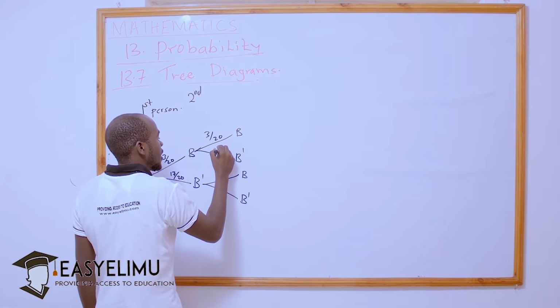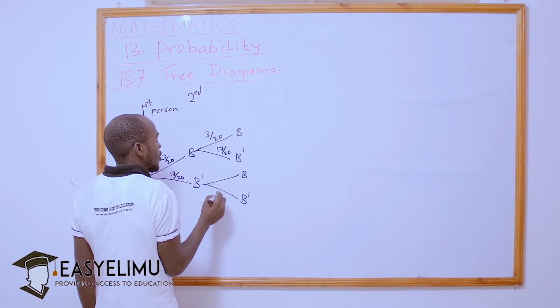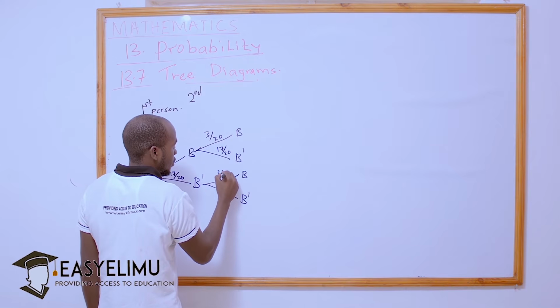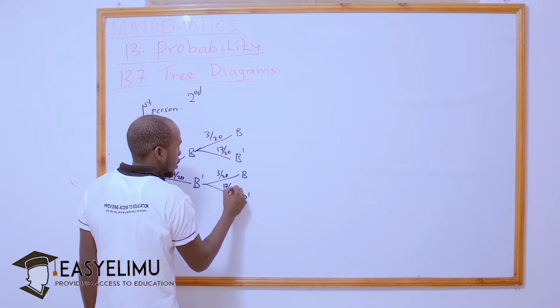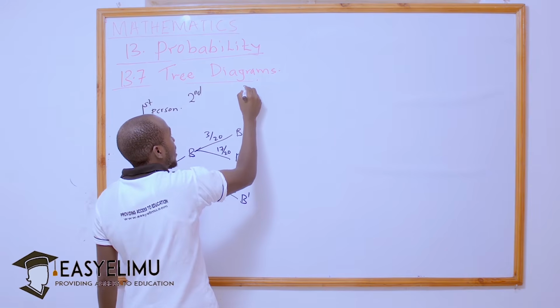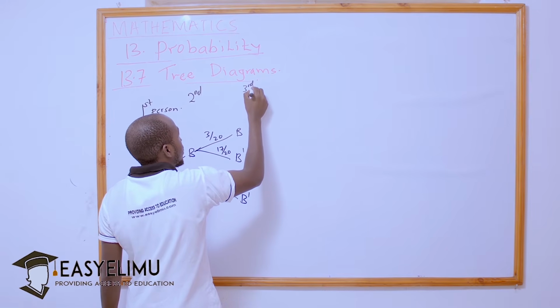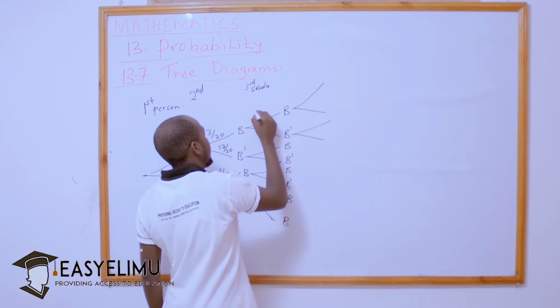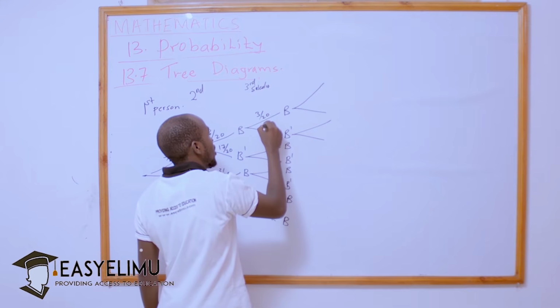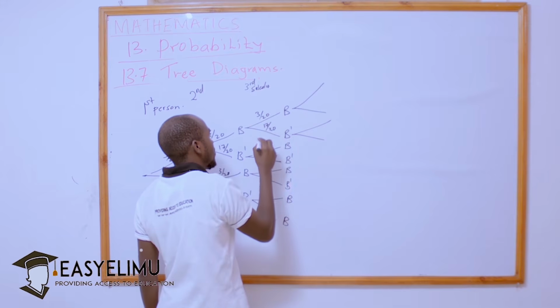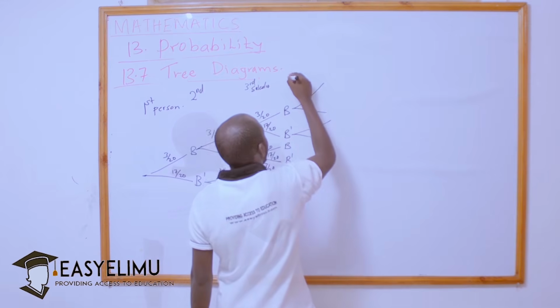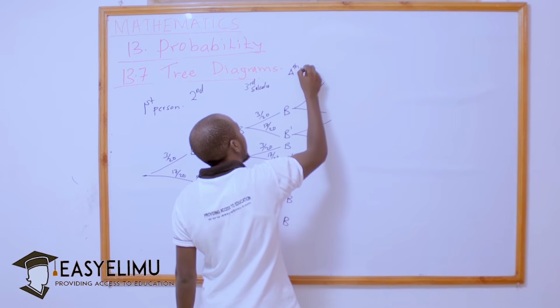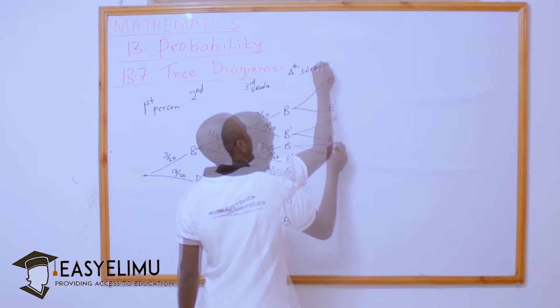The probability of selecting is 17 over 20 and 3 over 20. The same applies for the third selection. You will find that the selection will always remain with the same probability, and this one will be my fourth selection.